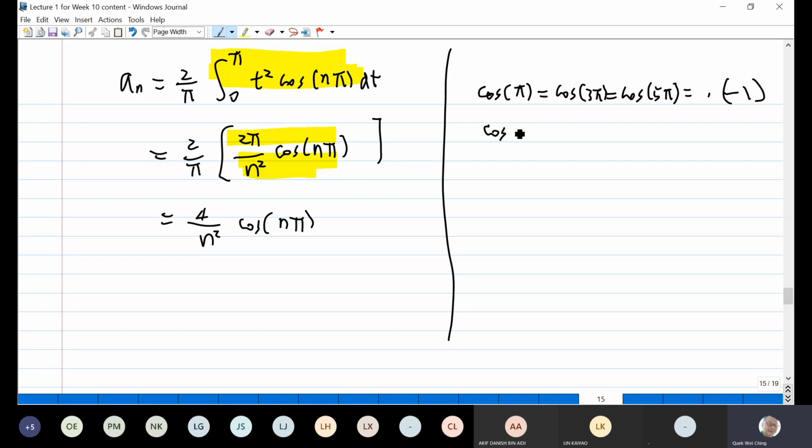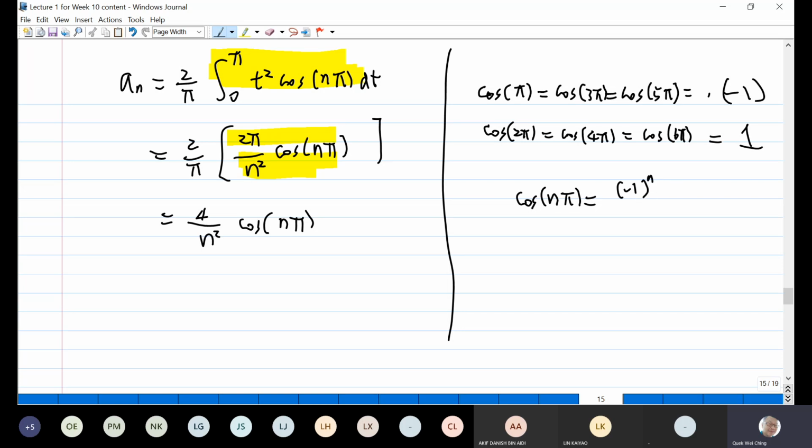Whereas for even multiples of pi, cosine 2 pi, cosine 4 pi, cosine 6 pi, you always get 1. So in general, we have a pattern for this: cosine n pi is actually -1 power n.